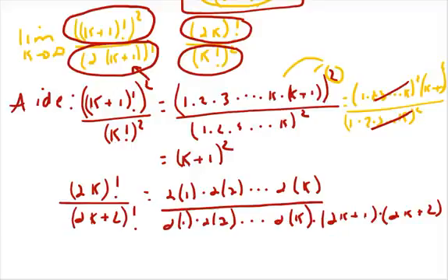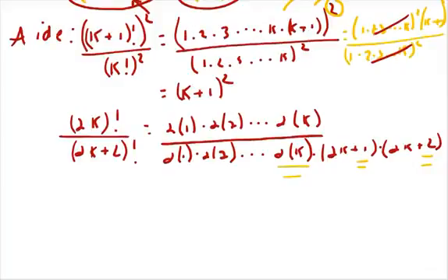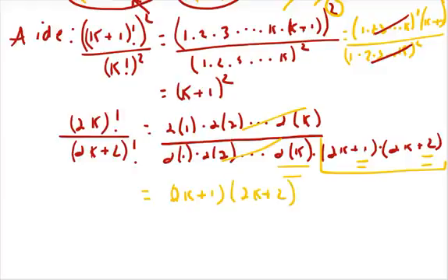We went 2 more beyond 2k. So that cancels out, and what you're left with is this piece. It equals 1 over (2k plus 1) times (2k plus 2). All right, so there are your two pieces.